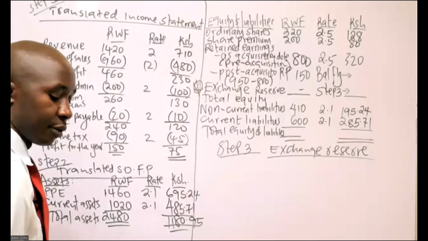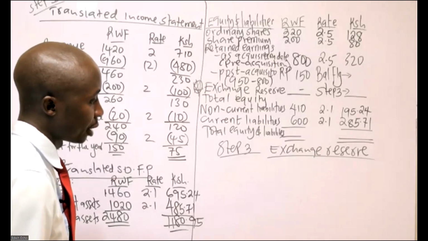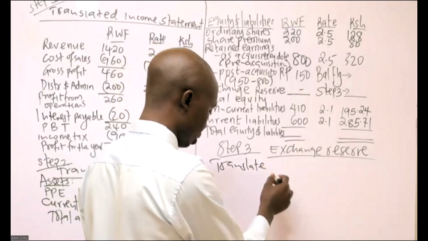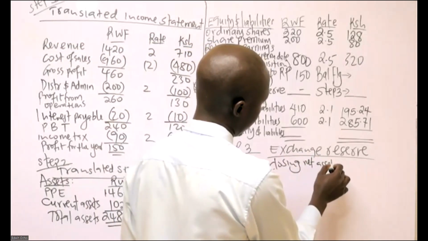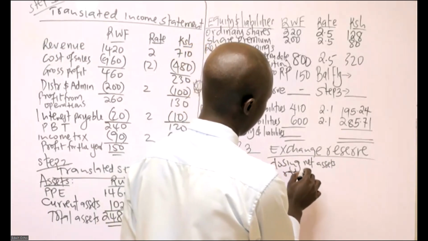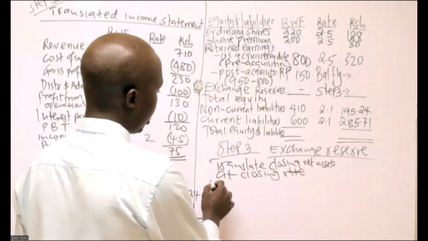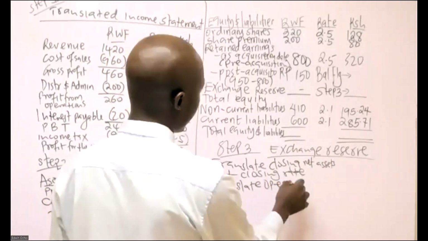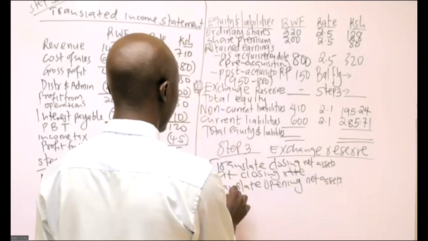So for the exchange reserve, on translation, we say translate closing net assets at closing rate. And after we are done with the closing net assets, we translate opening net assets at opening rate.